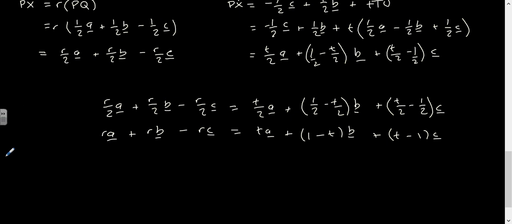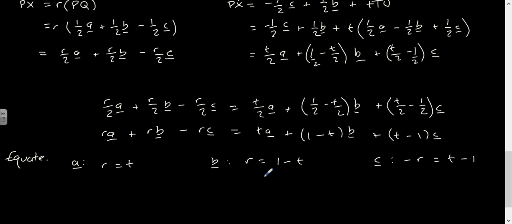How many A's do we have? Equate again. So we equate A, R equals t, we equate B, R equals 1 minus t, and we equate C, minus R equals t minus 1.